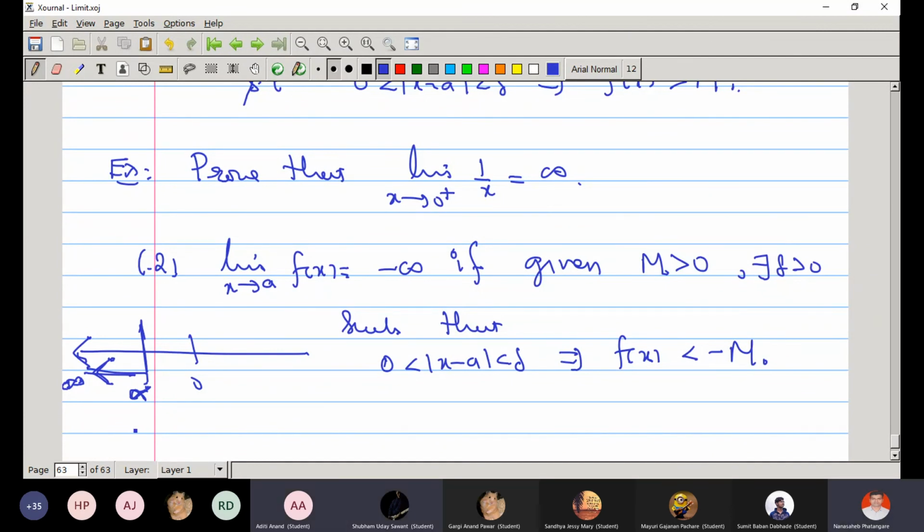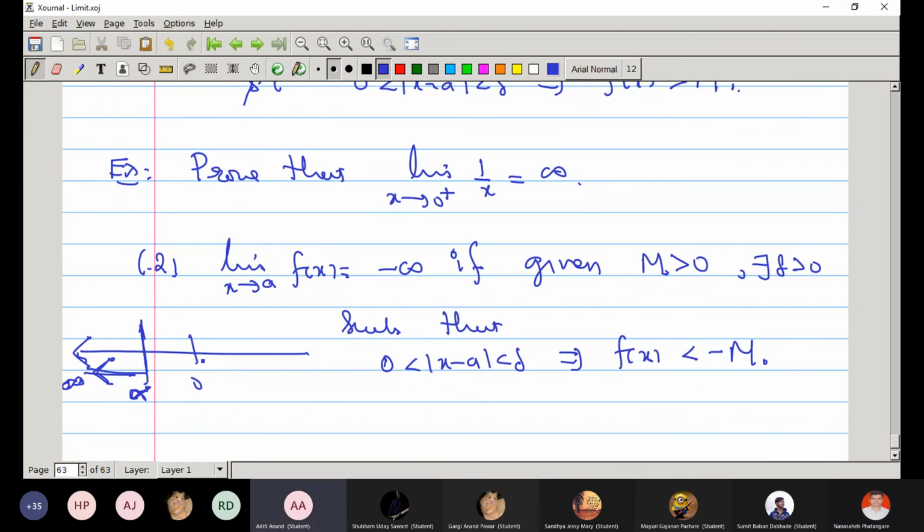Yes, sir. So, can you visualize the definition? Excuse me, sir, why are we taking minus m? We can take m also. Because I am taking m positive. Whatever larger positive m you take, minus m is equally large negative, right?